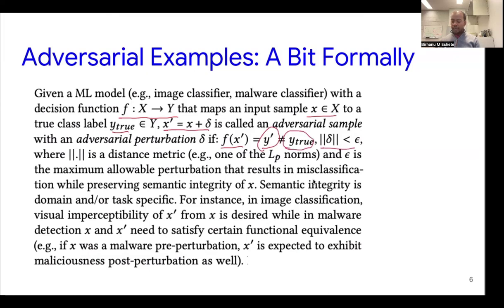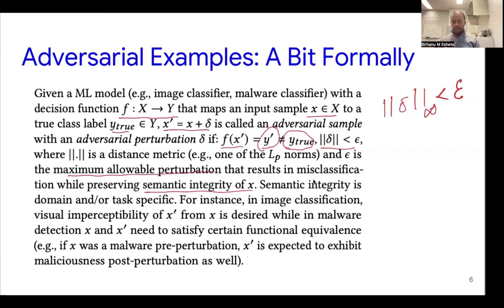And the actual perturbation that we perform, delta, is bounded by some notion of norm or distance by this upper bound called epsilon. The epsilon here is what we call the perturbation budget, or the maximum allowable perturbation that you have to apply so that the misclassification happens while preserving what we call semantic integrity of the input.